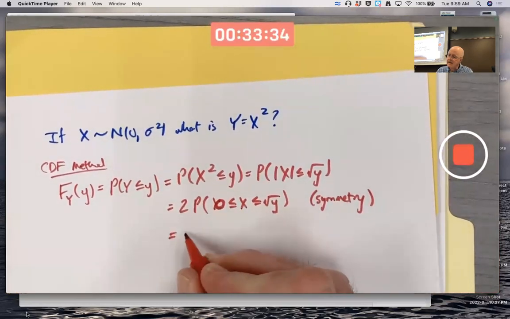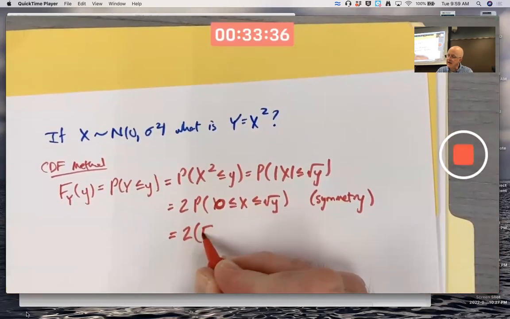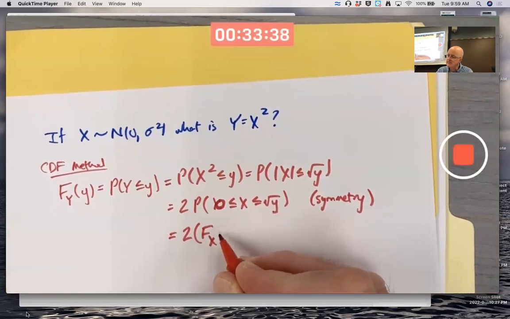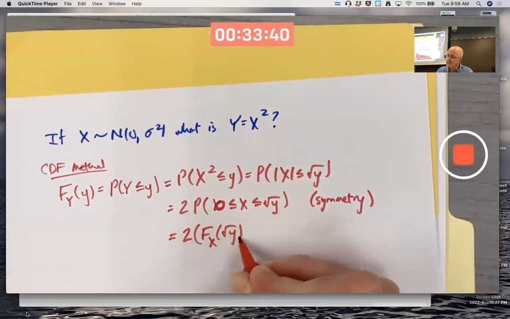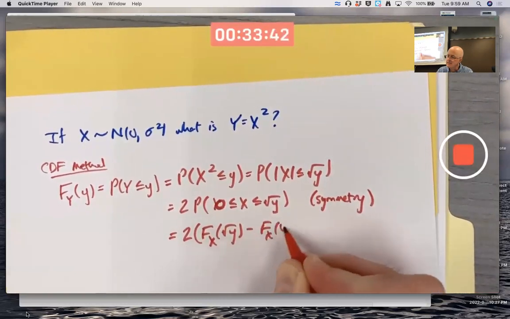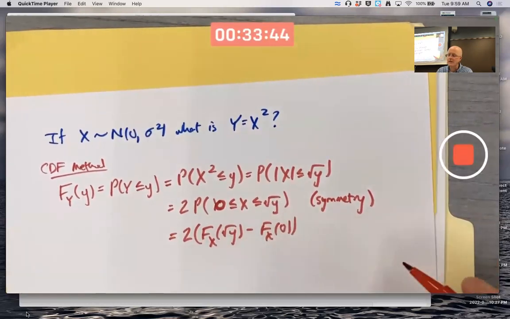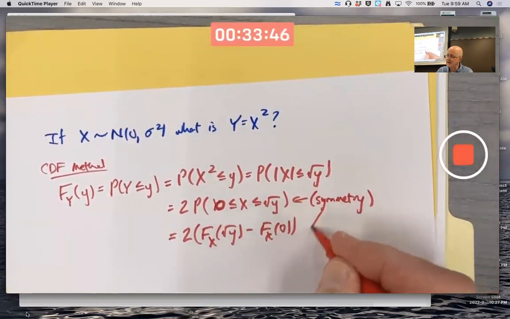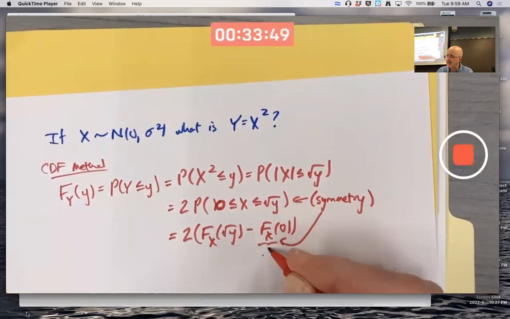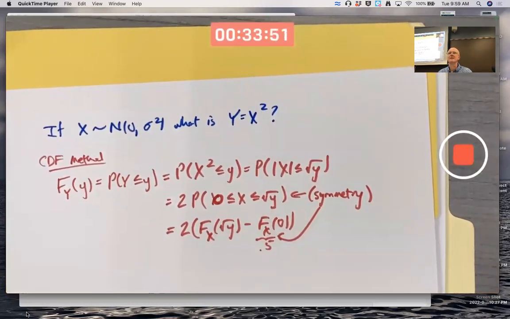And that would be a difference in values of the CDF of X. That's also symmetry, equal to 0.5, right? We are talking about a normal distribution here, centered at 0. Not the standard normal distribution.